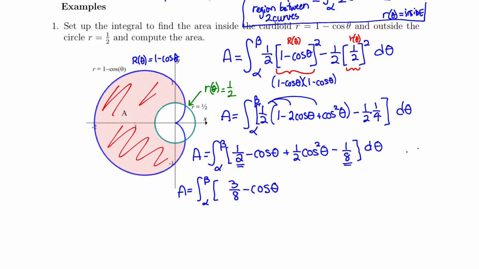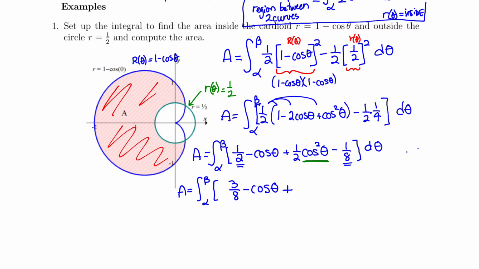And I'm going to set myself up here. I can't integrate cosine squared. Why not? Because it's a square, right? So what do we do for an even power of cosine and sine? We magic wave our wand and turn it into the half angle formula. We use the power reducing half angle formula.